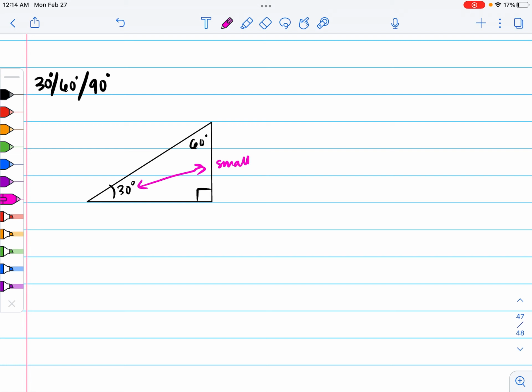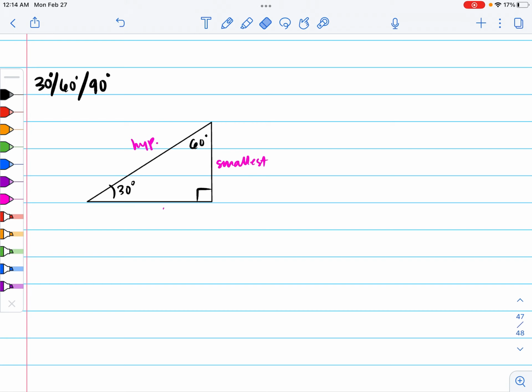Since 30 is the smallest angle, this is going to be the smallest side. 60 is the medium angle, so across from it is the medium side. And 90 degrees is the largest angle, so this is the largest side, or the hypotenuse.